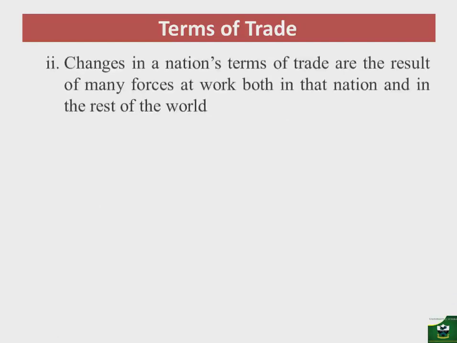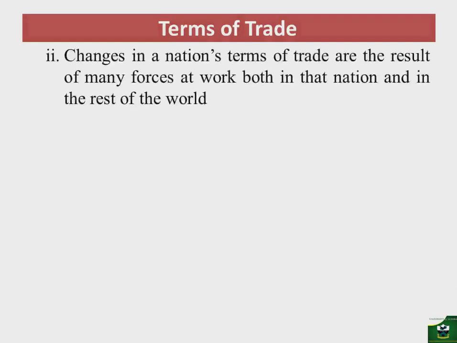Number two, we note that changes in a nation's terms of trade are the result of many forces at work, both in that nation and the rest of the world. Like in the current situation of the coronavirus, the welfare of different nations being in the state that it is in is not only because of barriers to movements, but there are other factors that we need to consider, such as barriers to commodity movements, barriers on transportation, movement bans, and so on.